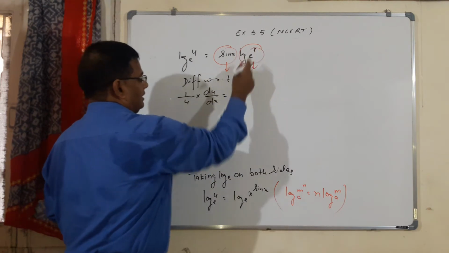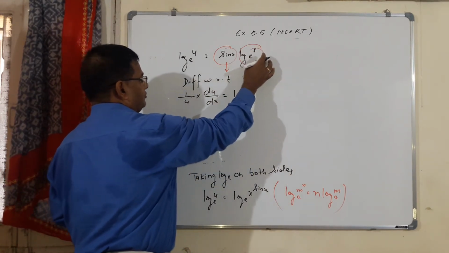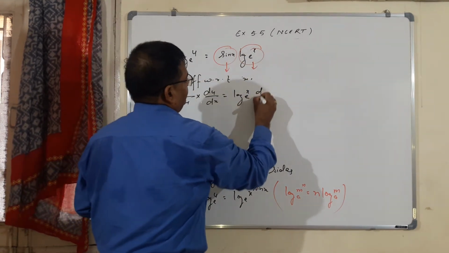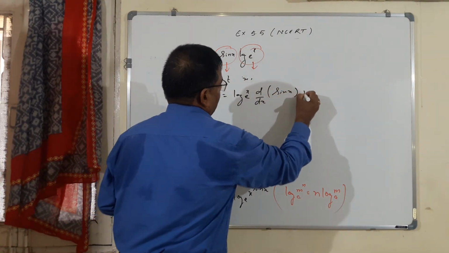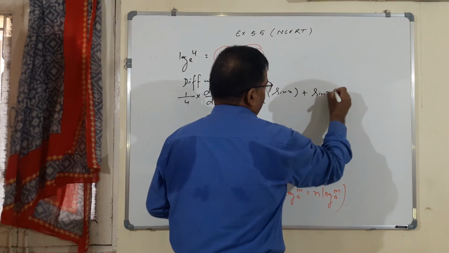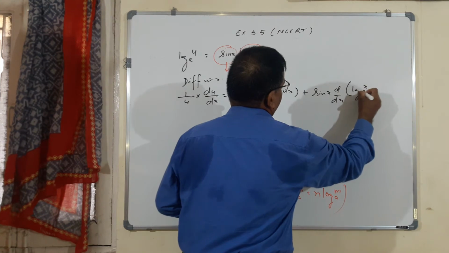Here log x to the base e is constant, so we differentiate sin x, plus, now sin x is constant, differentiation of log x to the base e.